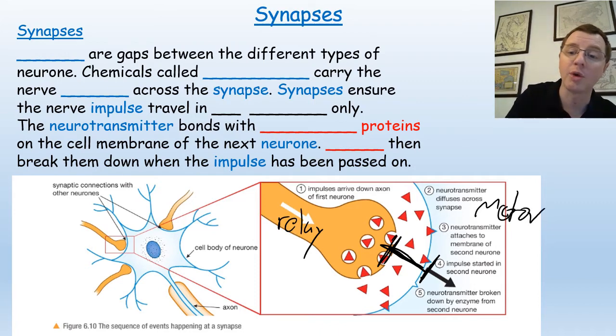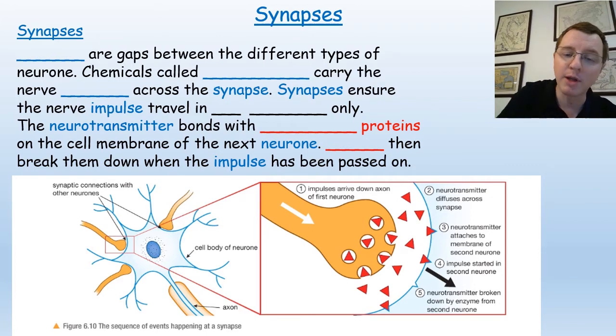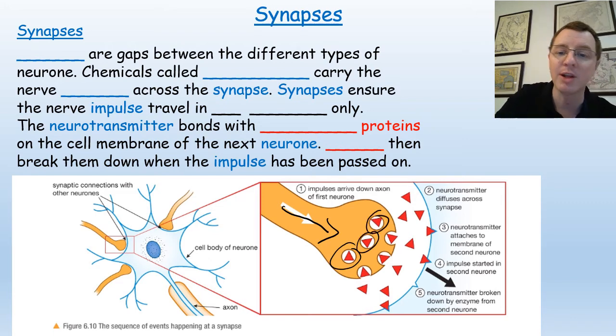Well, the gap's called a synapse. And if you notice, when the electrical nerve impulse is moving down here, it comes into contact with these little pockets here, and these are little vesicles that contain a special chemical called a neurotransmitter.